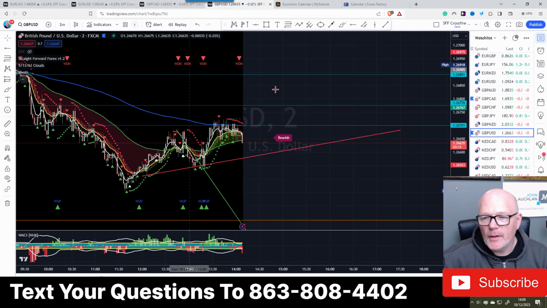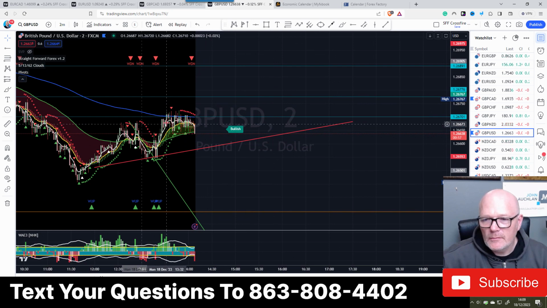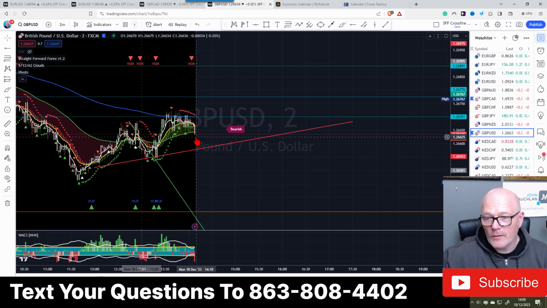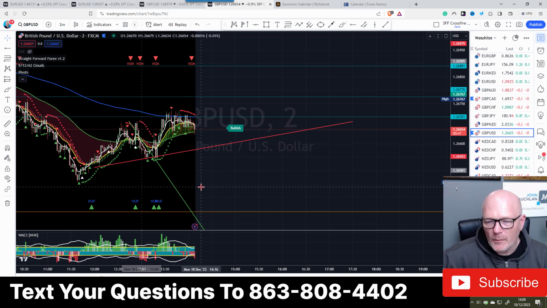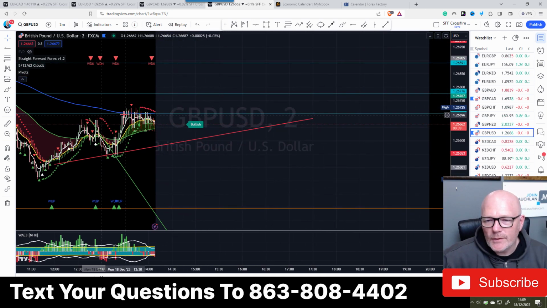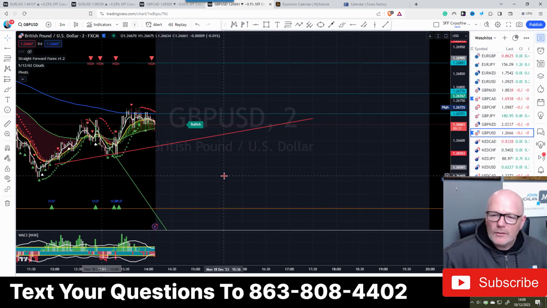GBP USD, still battling this 200 moving average. It's now going to the downside. If we're going to consider this as a sell, we'd wait for this to go through this trend line here and then to the further downside. But at the moment, it's just pretty much in consolidation.